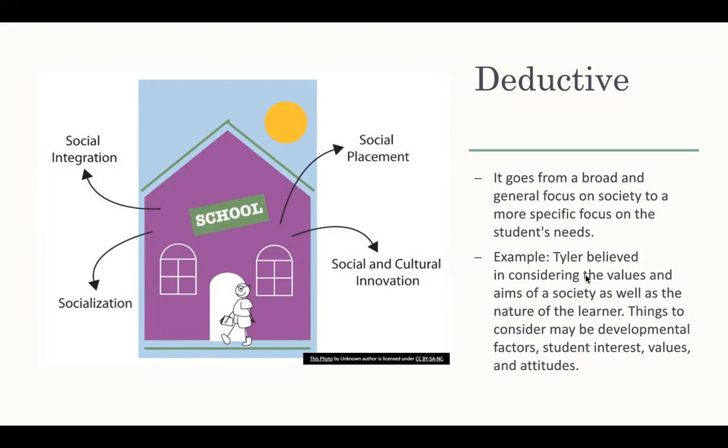So, an example is Tyler believed in considering the values and aims of a society as well as the nature of the learner. Things to be considered may be the developmental factors and student interest of the learner, and then the values and attitudes that the society had.